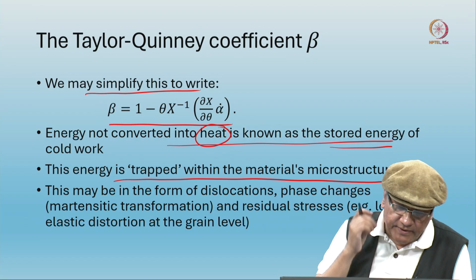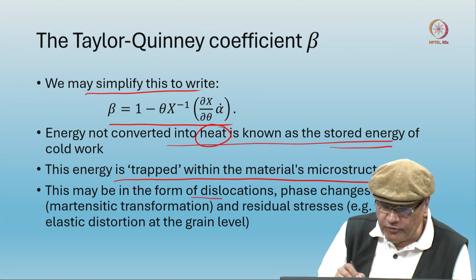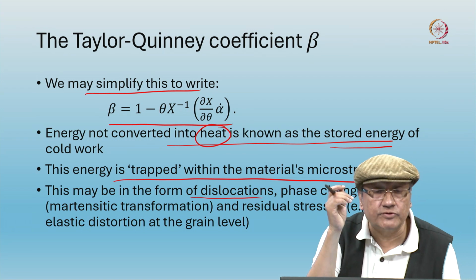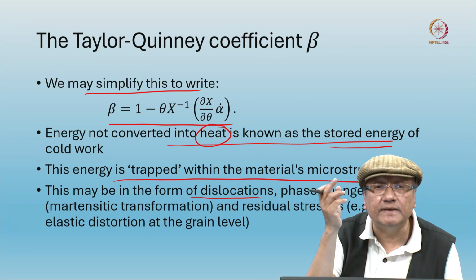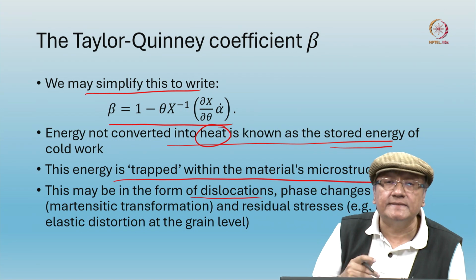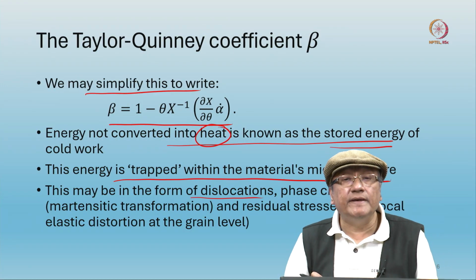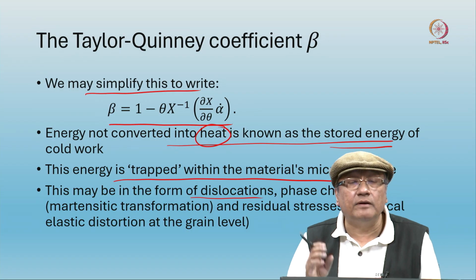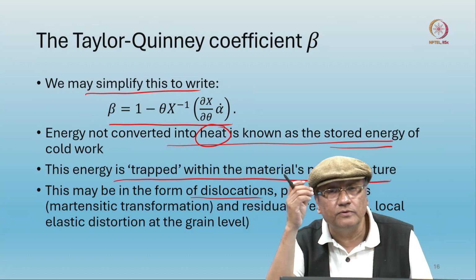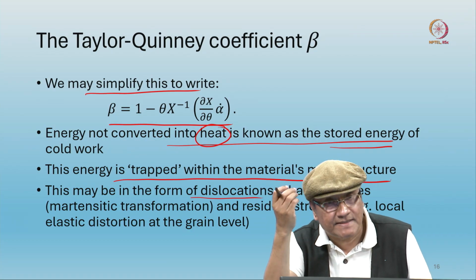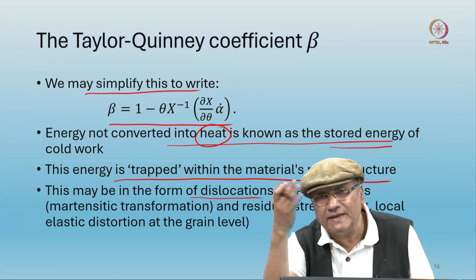This microstructural change may be in the form of dislocations. There could be other forms of microstructural change due to plasticity. One of them is the phase change, martensitic transformations, which means there could be a very brittle formation of semi-stable states.